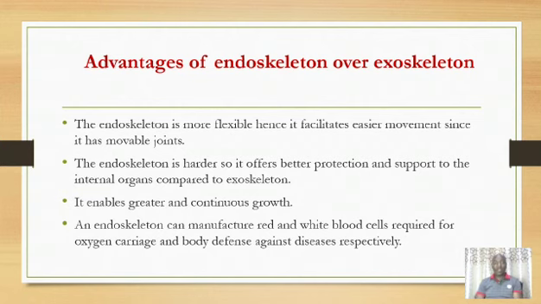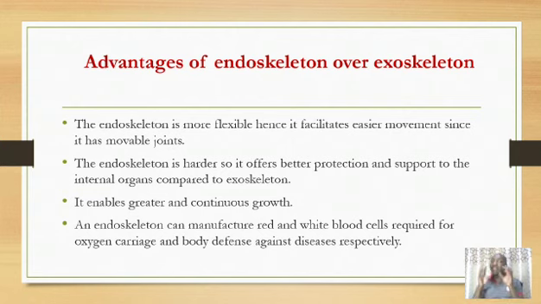Number three, the third advantage, the endoskeleton allows greater and continuous growth. Remember, we said that for organisms having the exoskeleton, in order for them to increase in size, they must shed off that exoskeleton so that they increase in size and later develop a new skeleton.